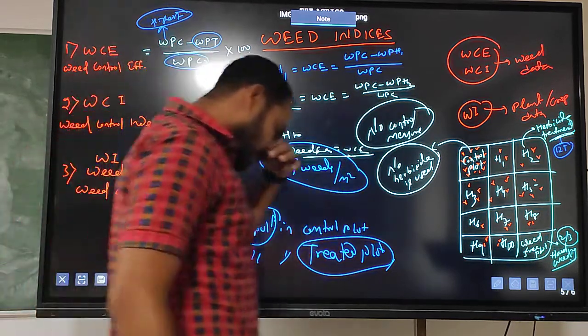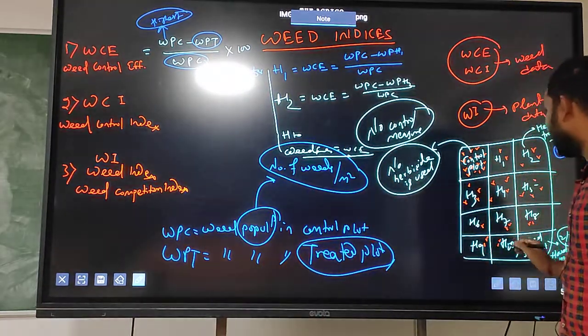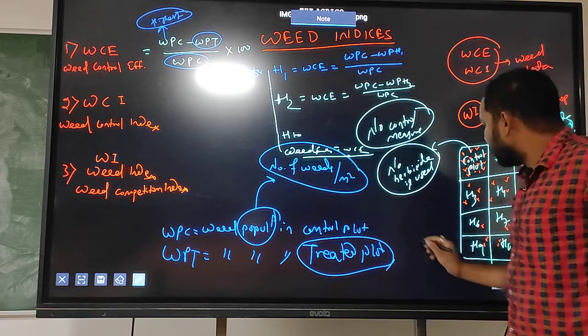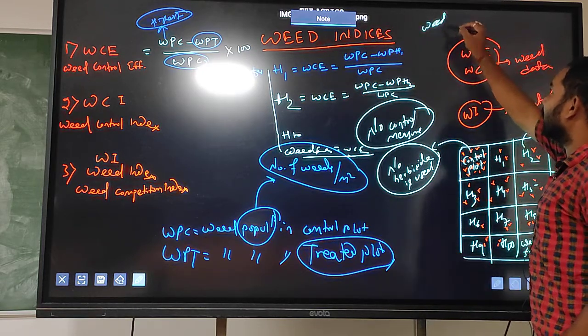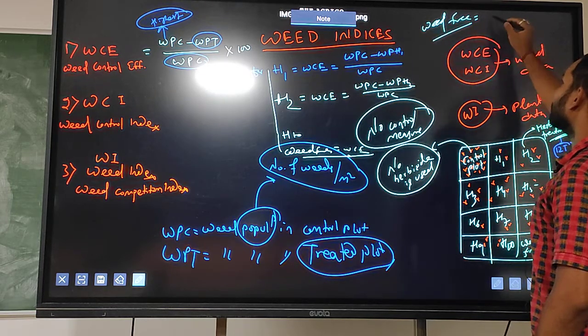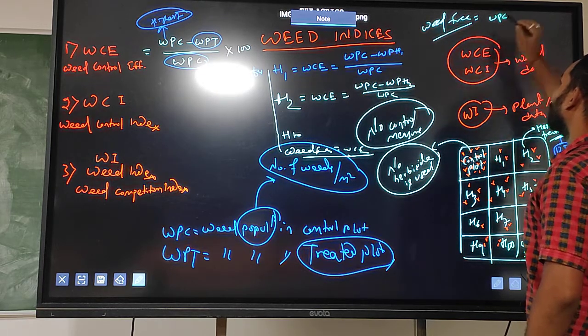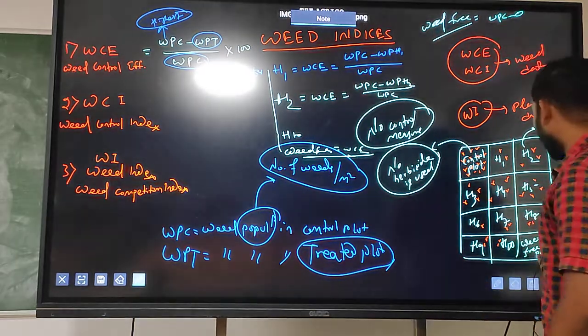Okay, so in the weed free plot, if it is completely free, then the weed population is 0, so WPC minus 0. The number of weeds in the weed free plot is 0.